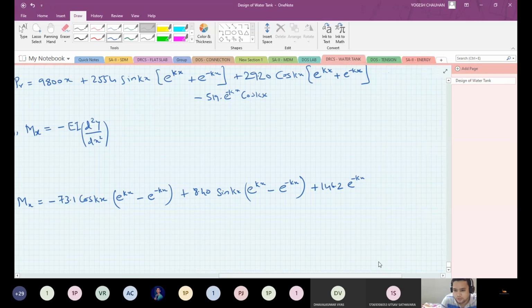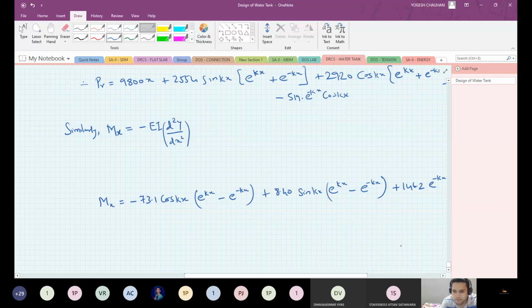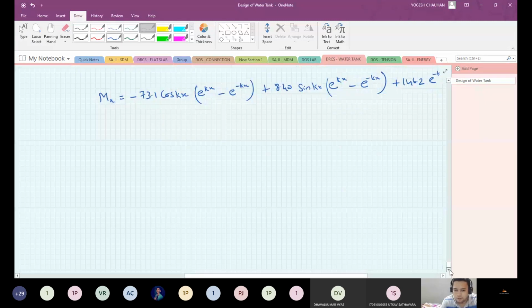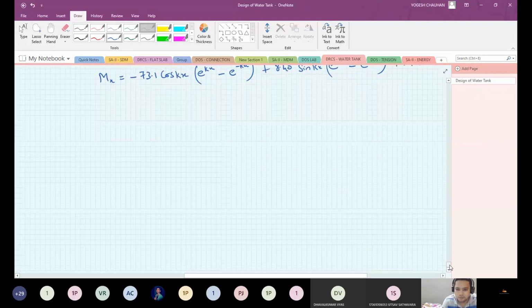into sin kx. Okay, so using these two expressions, now you can make a table similar to the one given in the IS 3370 for the particular example.